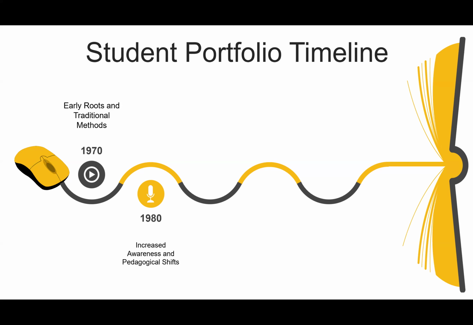The focus began to shift towards seeing portfolio as a developmental tool that could track the process of learning, not just the final product. In 1990s, it was an expansion and more formalization of the process.